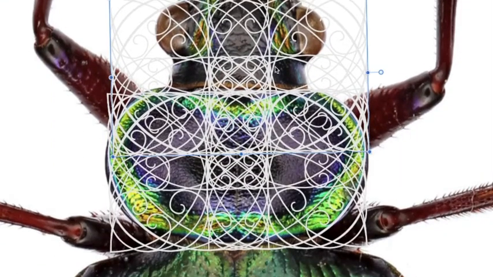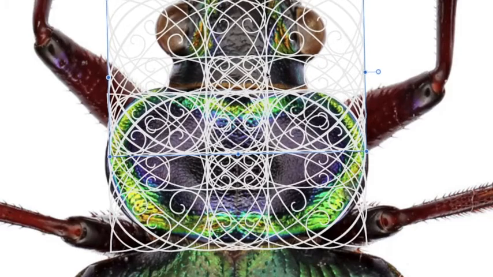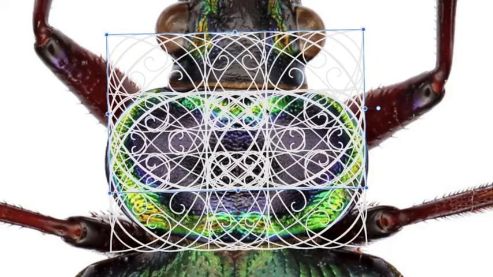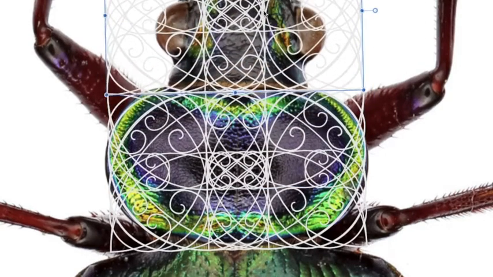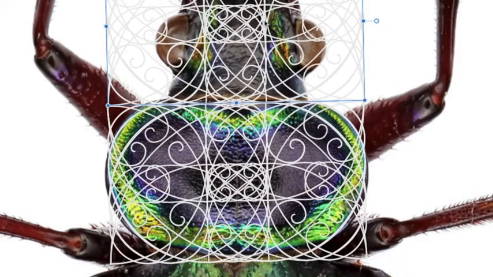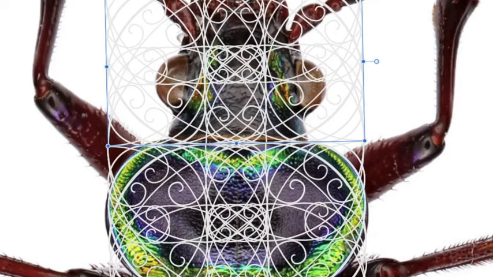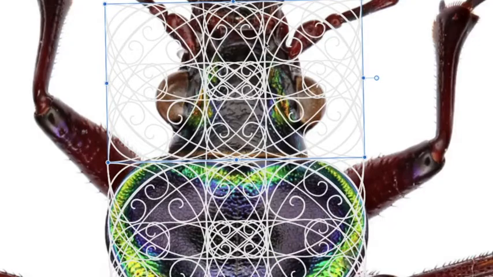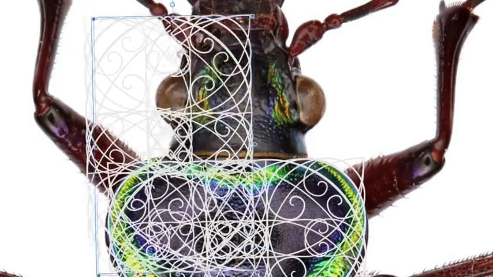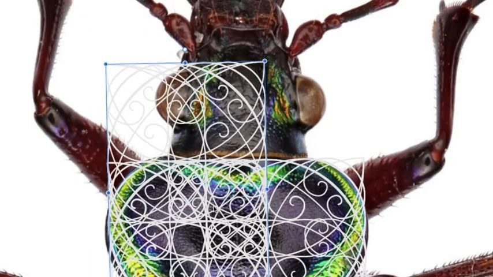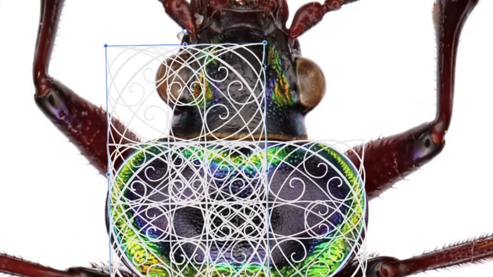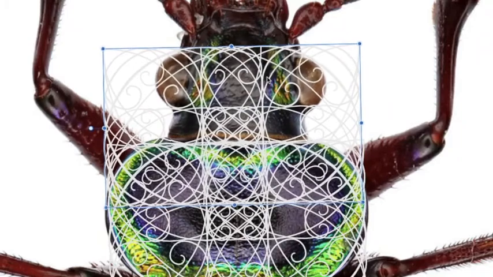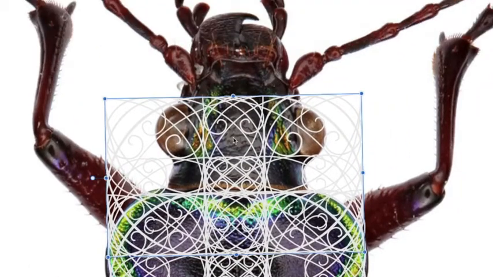That would be a square, I believe. Or that would be a square there, sorry. So yeah, no. Is that right? I forget. Well, I can tell you right now. Yeah, the square would come just to the top there, right about there. Yeah, so that would be a square.